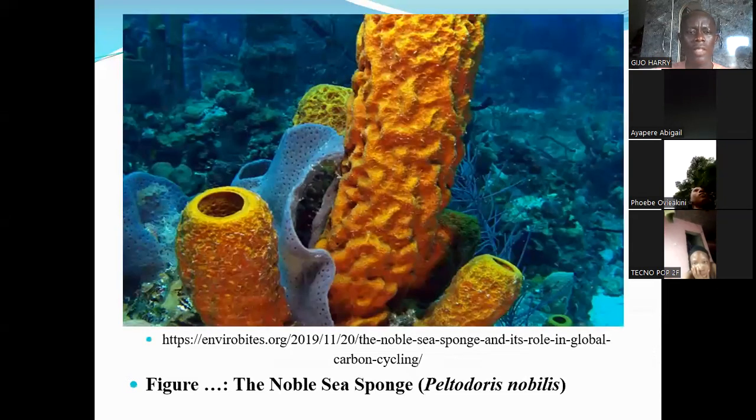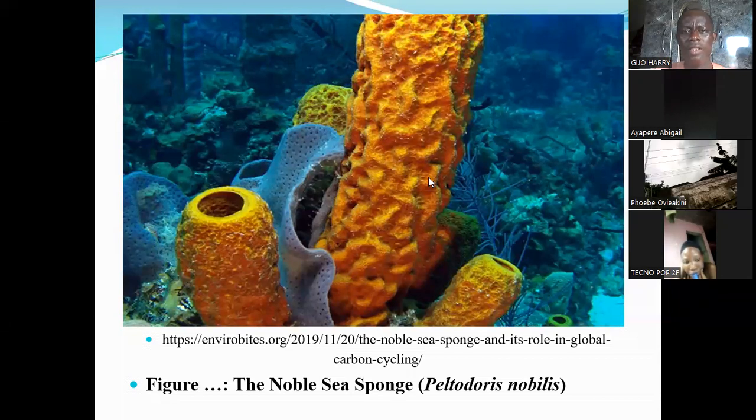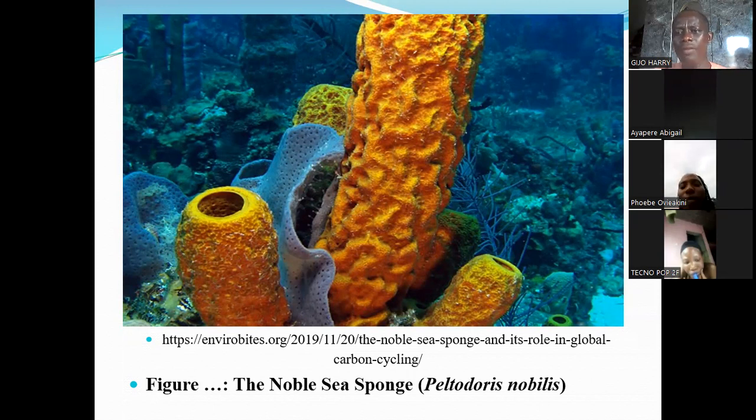All right, this is an image of sponges. You can see that they do not have a definite symmetry, and their bodies are made up of pores, and that's the origin of the word Porifera.